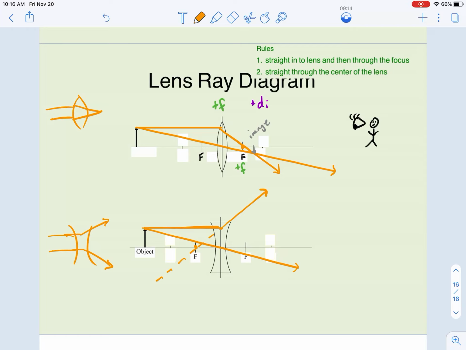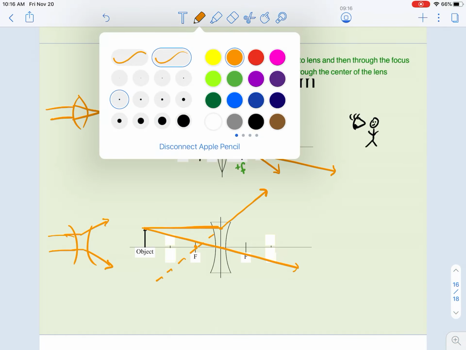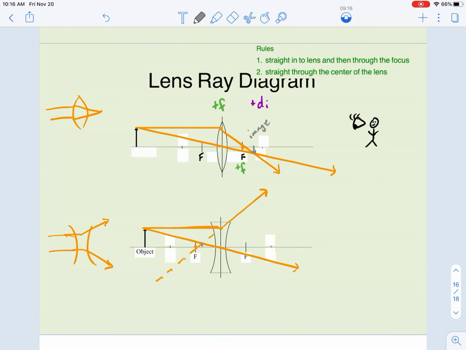The second beam of light will go straight through the center of the lens. So when we look at our point of intersection, my image is going to form right here. That's a rough looking arrow. Let's try that again.